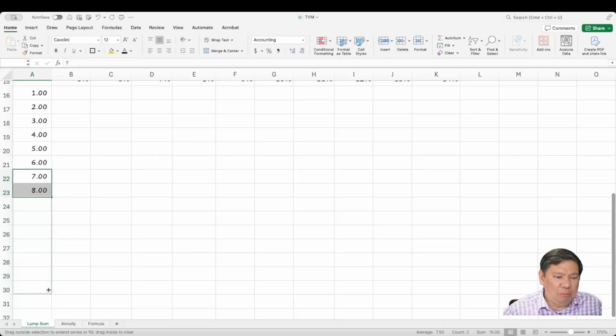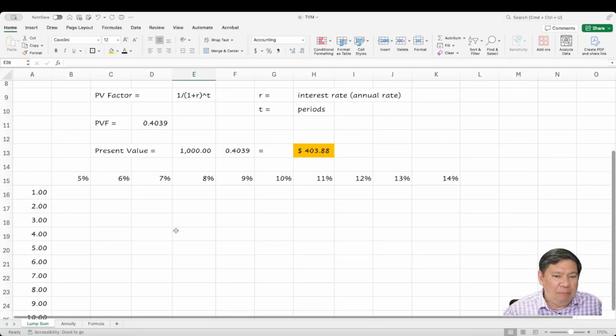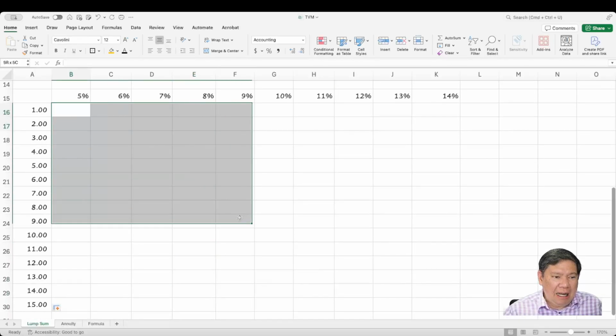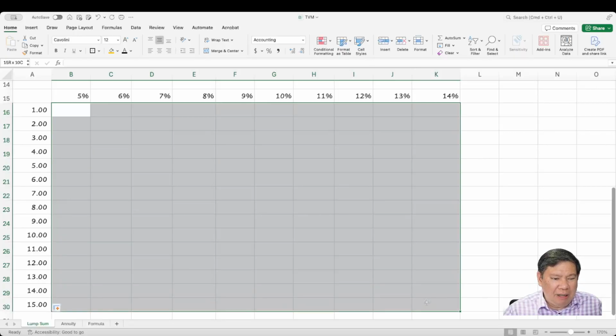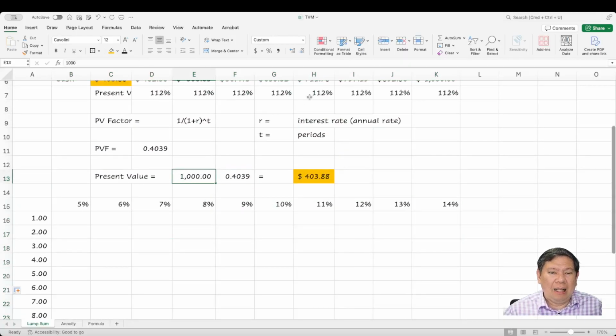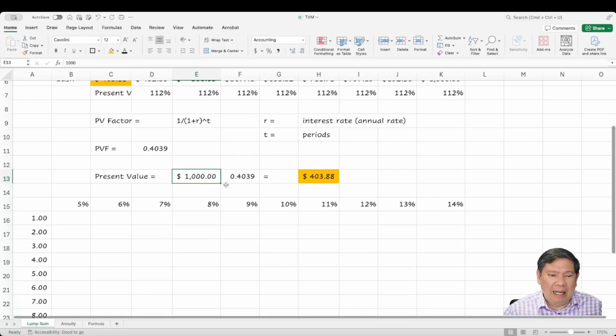Different books have different tables, but basically they are providing you with the present value factor. So you have to use this number from the table and put it here, and then you can calculate the present value like that.